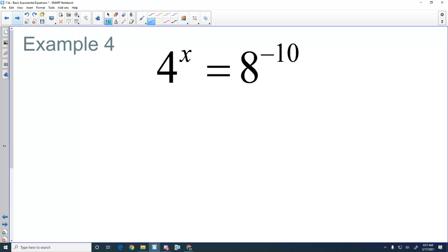So you want to rewrite both of those bases in terms of 2, because I can write 4 as 2 squared, and I can write 8 as 2 cubed.